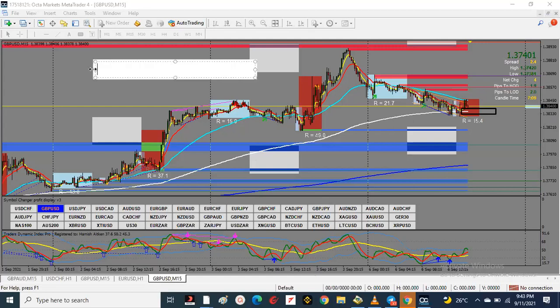One, we look for divergence. Two, we look for shark fins. Three, we look for crossovers.